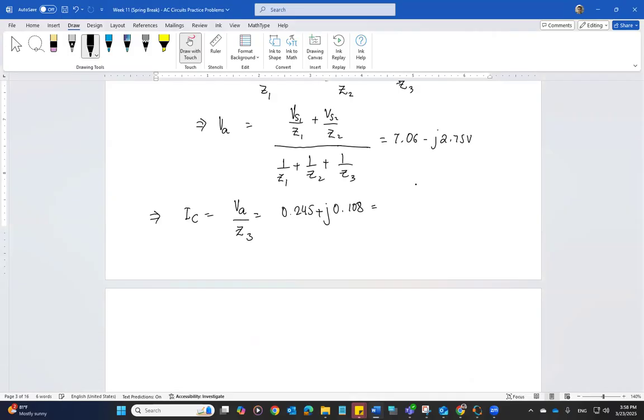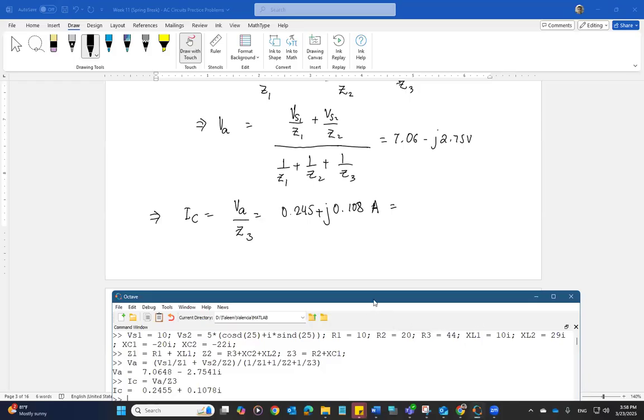And now this I'm going to convert, ampere, of course, ampere. And this I'm going to convert into polar form because the final result has to be in polar form.